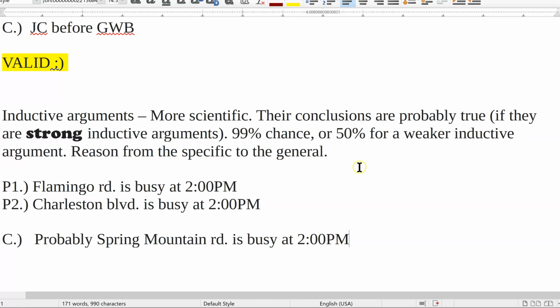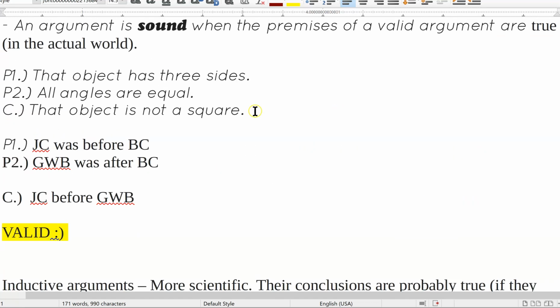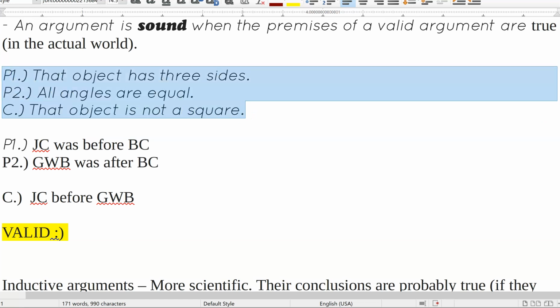It's different to deductive arguments in this way. Let's go back up to our example. Deductive argument. Do I need to add any premises to this to make the conclusion more likely to be true? Can I add any? I just really wanted to make absolutely certain that that object was not a square. Do I really need any help?